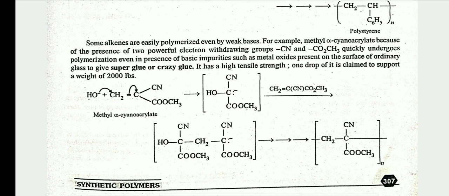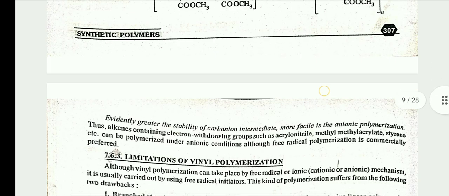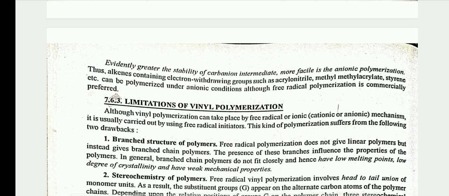One drop of it is claimed to support a weight of 2000 lbs. Evidently, the greater the stability of the carbanion intermediate, the more facile is the anionic polymerization. Thus, alkenes containing electron withdrawing groups such as acrylonitrile, methyl acrylate, and styrene can be polymerized under anionic conditions, although free radical polymerization is commercially preferred.